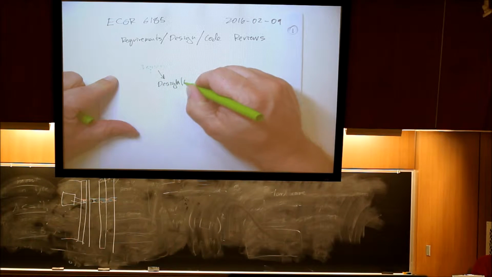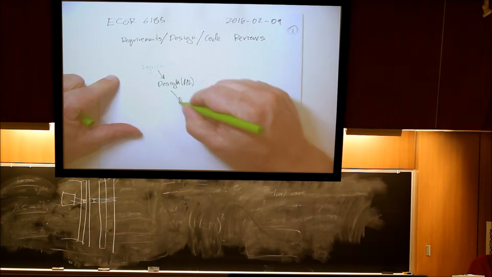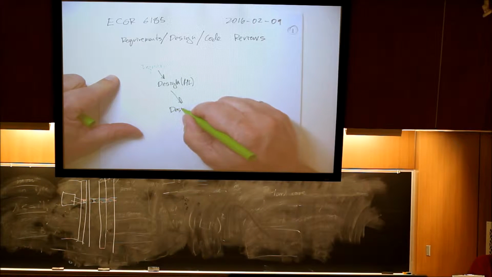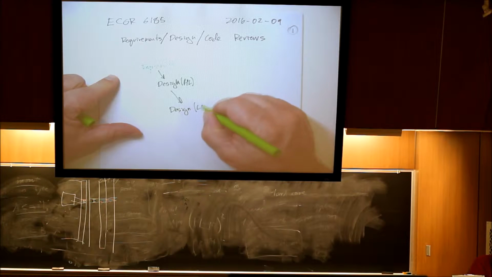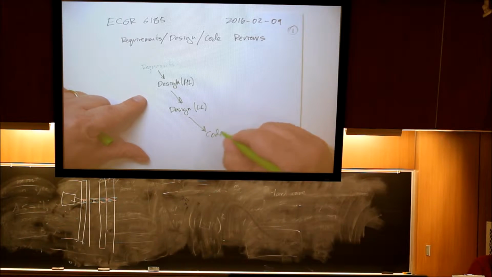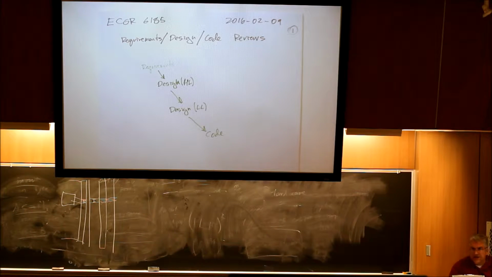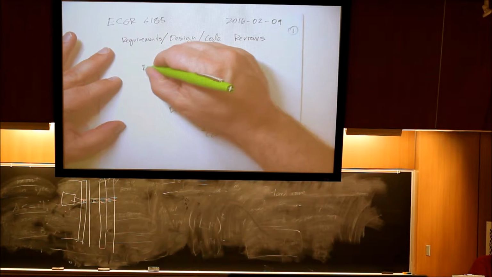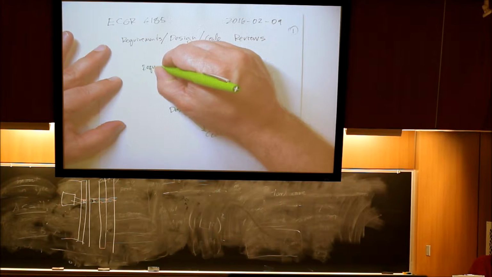We'll call this a high-level design, which feeds into another design. Let's call it a low-level design, which feeds into code. And then, back up the way, we also look at testing. Remember that? This is the V, right?